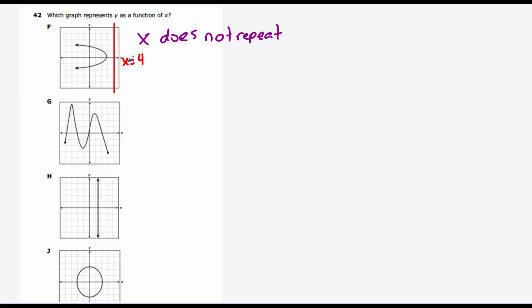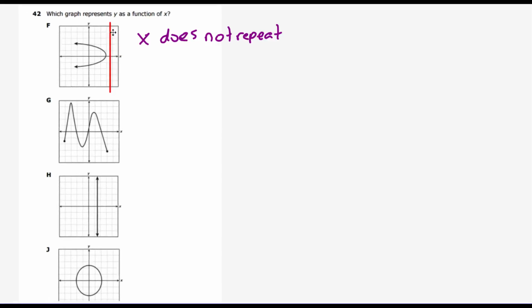Everywhere on the line, x equals 4. So in order for x to not repeat, I should be able to put, I'm going to erase this because we're going to move the line. I should be able to put this line anywhere on the graph, and it will only hit our graph one time.